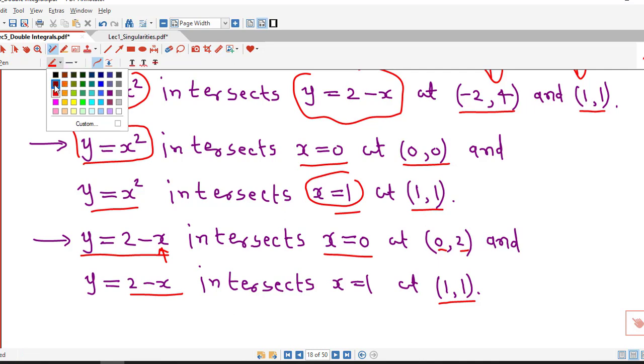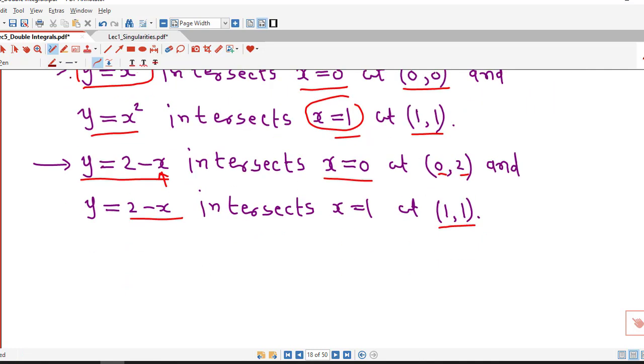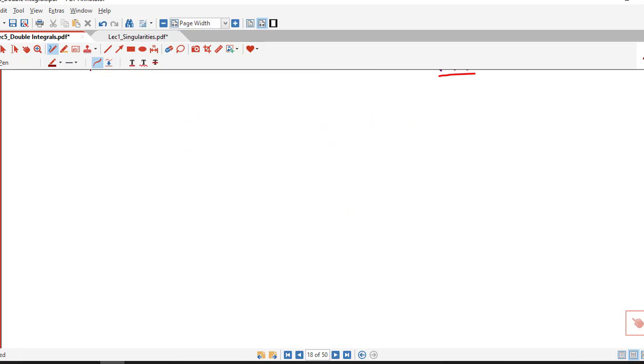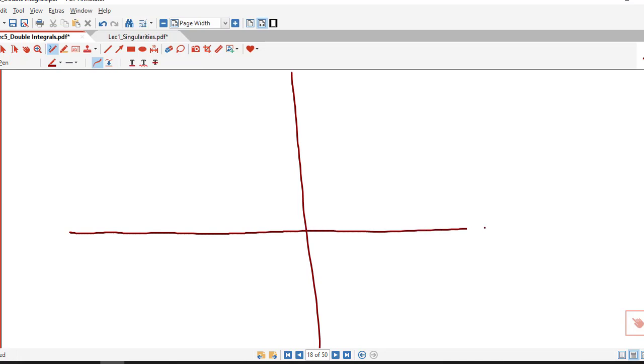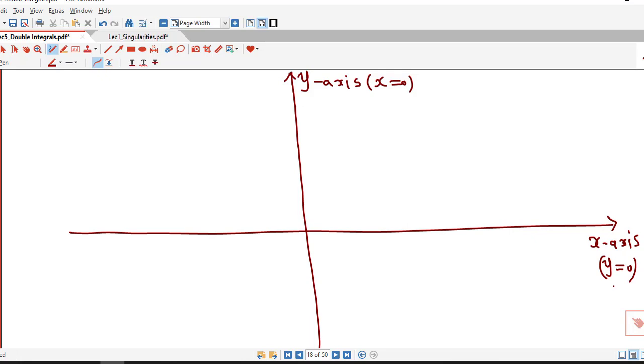Using these intersecting points we can now sketch the region of integration. First we sketch the y-axis, and suppose this is the x-axis, so the y-axis or x equal to 0, and this is the x-axis or y equal to 0.